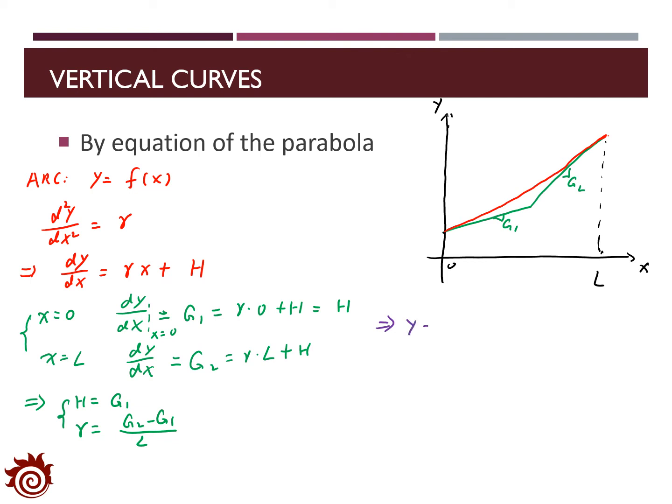So we have y equal to (g2 minus g1) divided by L, times 2, times x squared, plus g1 x plus capital C. And here capital C will be the elevation at the initial point.